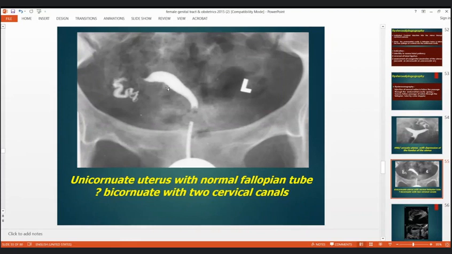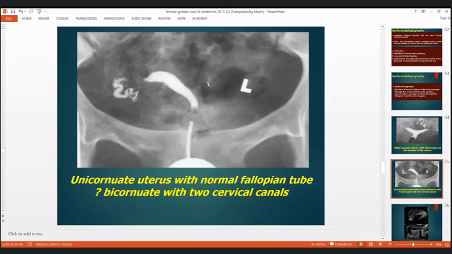And this is a unicornuate uterus, a congenital anomaly of the uterus. When we have only one horn, this is a unicornuate uterus. These patients commonly present with infertility because of the underlying anomalies. We can see also a normal uterus, but with blocked tubes as a cause of infertility.